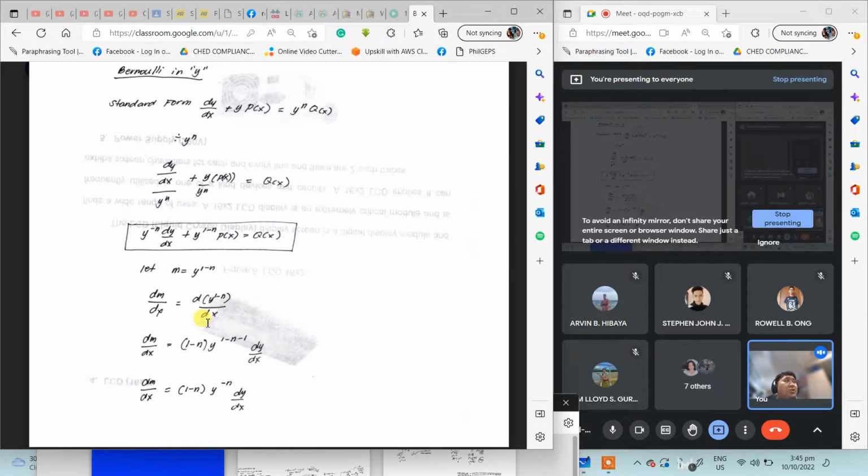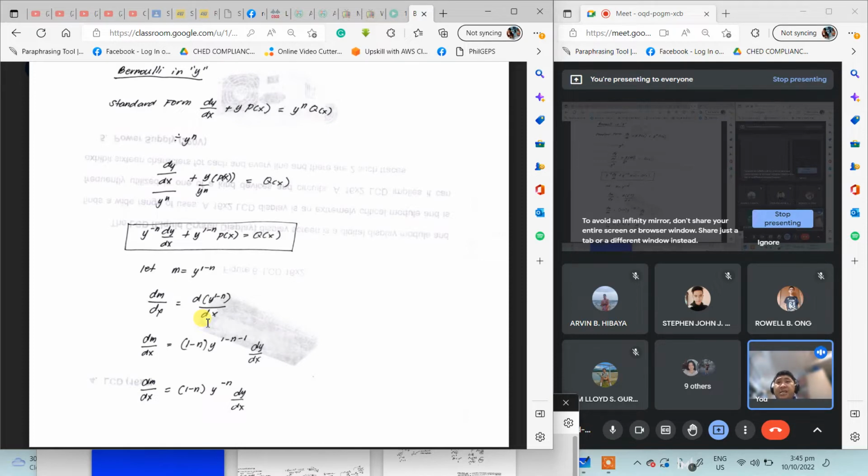You could use any variable names. Others use u, other books use m, or you could use v. It depends on you, but my reference and foreign references mostly use m or u. So let's make it standard and use m. So your m is just y raised to the power of 1 minus n.